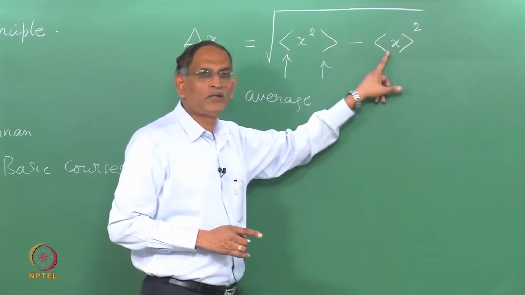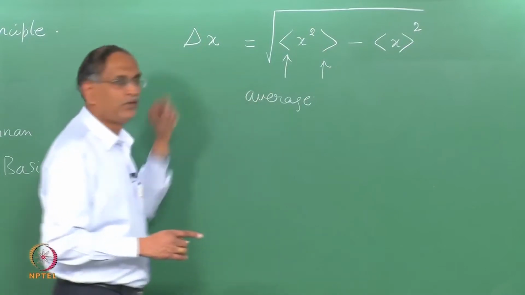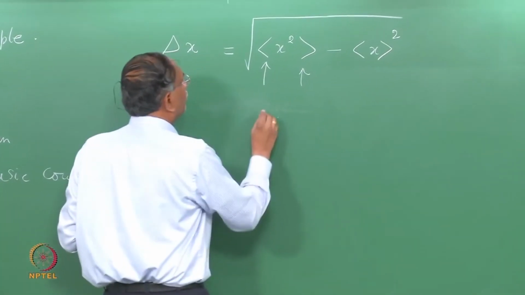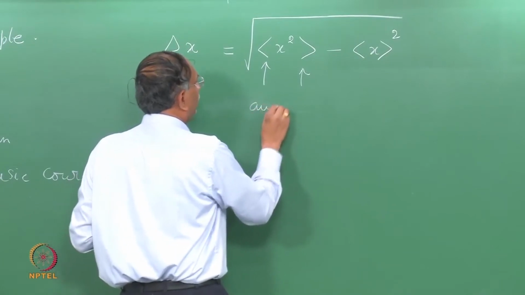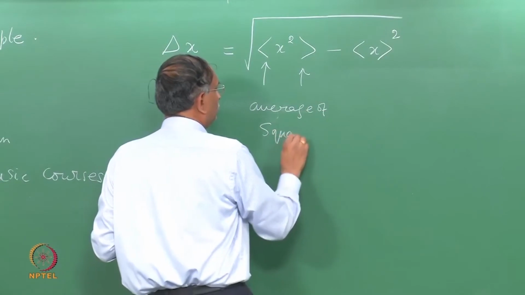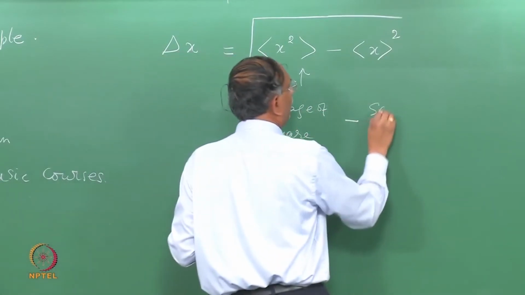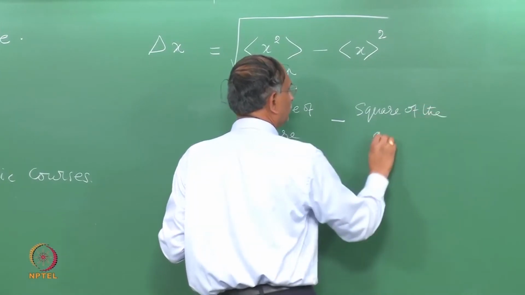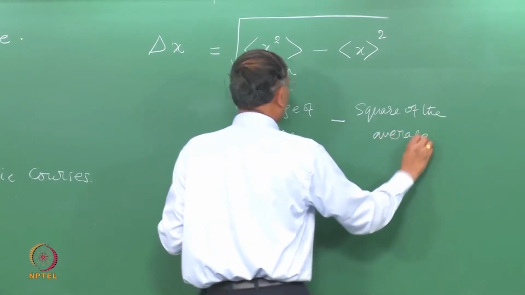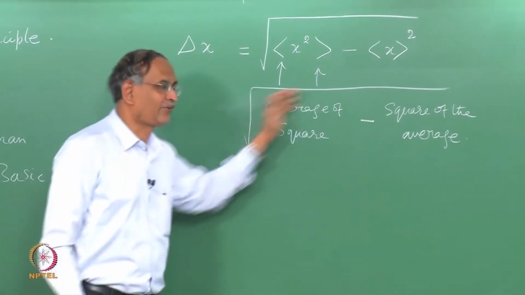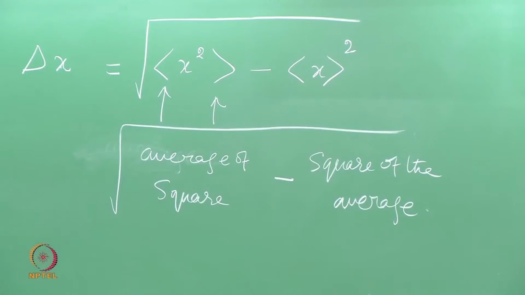The difference between the two, the square root of this, is called the uncertainty: average of the square minus square of the average. It's a square root. Okay, or you can write within brackets square root.